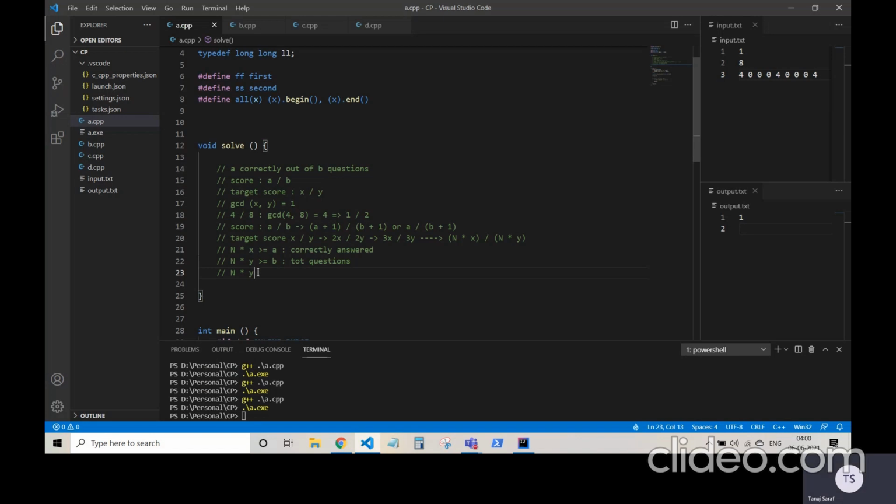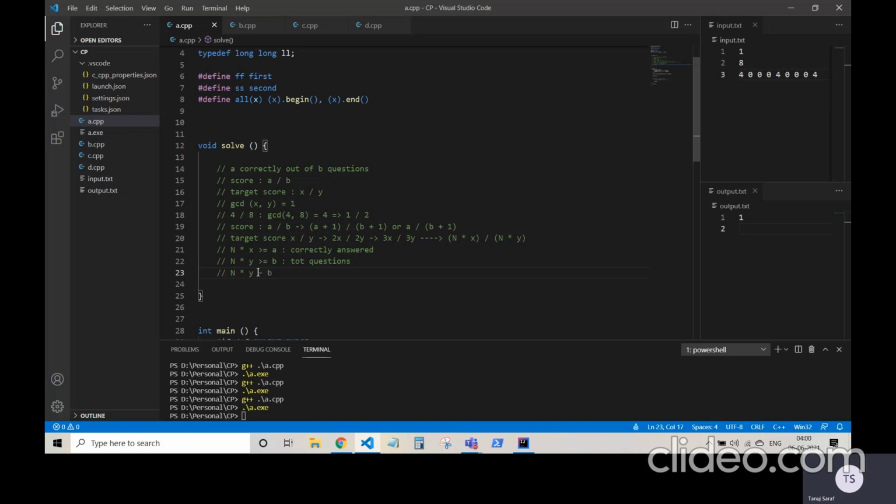So in the target score that we reach, that is the fraction n into x divided by n into y, the total questions that we have attempted is n into y, right? So how many more questions did we attempt?